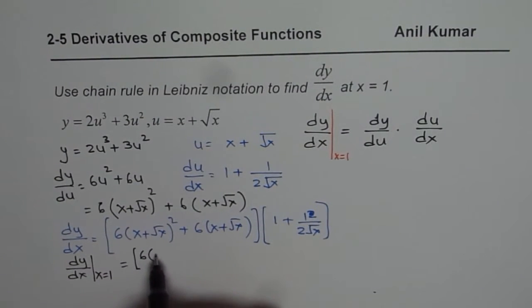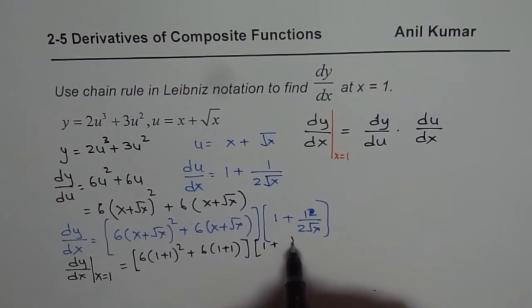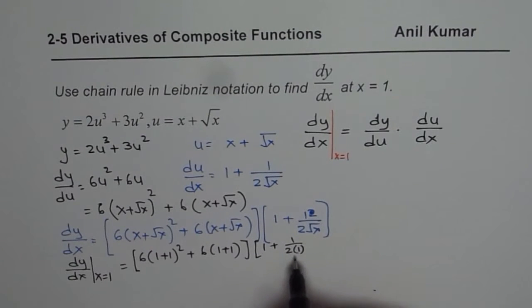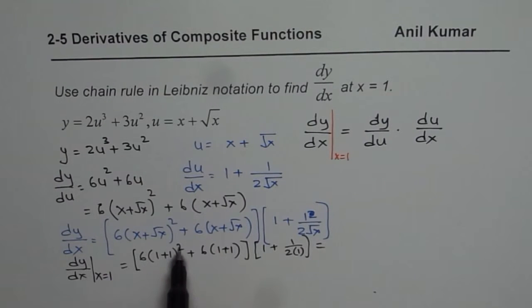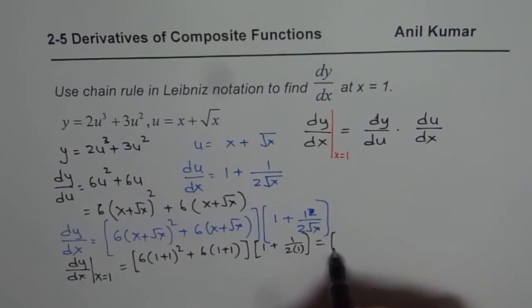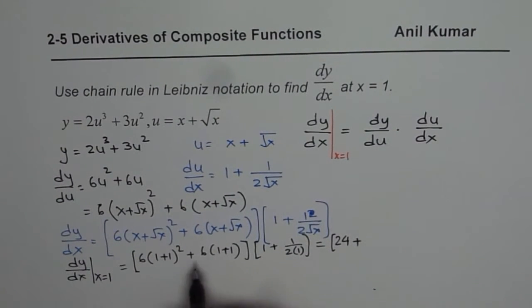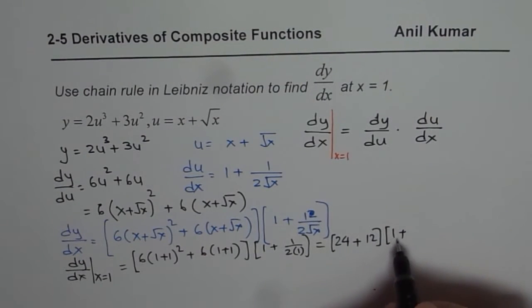We get 6 times (1 plus 1) whole squared plus 6 times (1 plus 1), times (1 plus 1 over 2 times 1). The square root of 1 is 1, correct? That gives us 6 times (1 plus 1 is 2), 2 squared is 4. So we have 6 times 4 is 24, plus 6 times 2 is 12, times 1 plus half, which is 3 over 2.